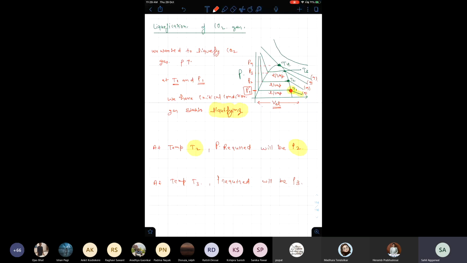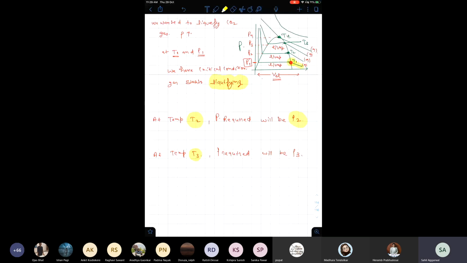Understood? इसको liquefaction conditions कर लो. We have liquefaction conditions.